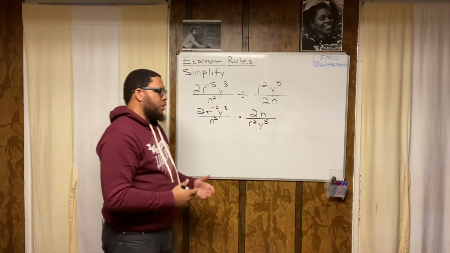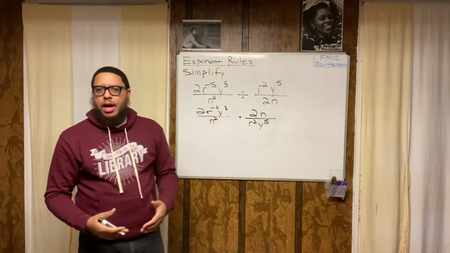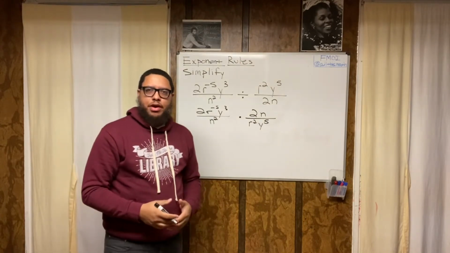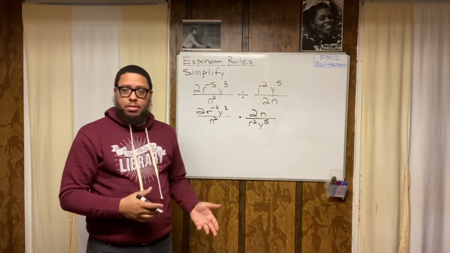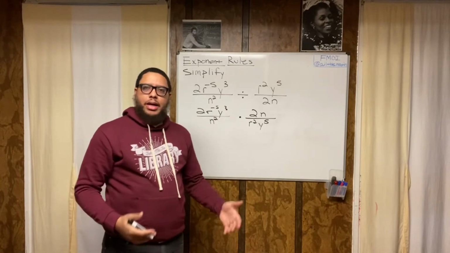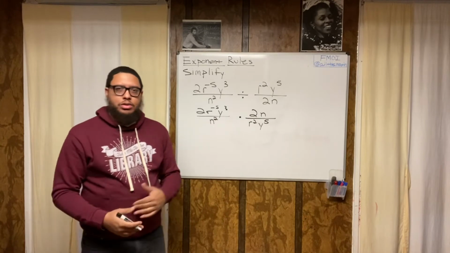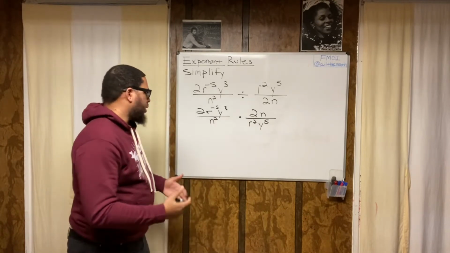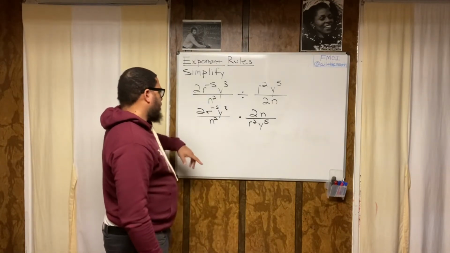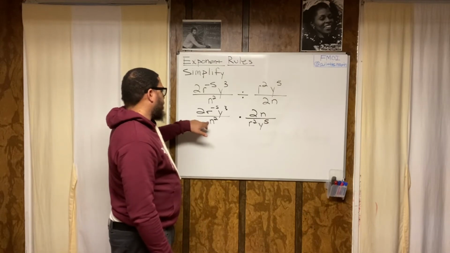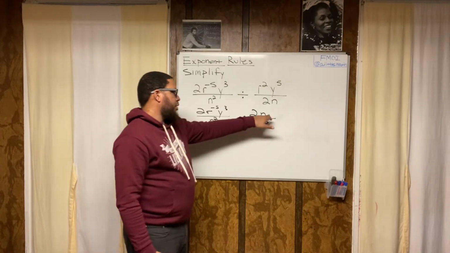Now I look for different things I can simplify. I look for similar variables. I look for variables that are the same, right? And I start thinking about, okay, can I use the multiplication rule? Can I use the division rule? Can I use the negative exponent rule? I just got to look and see what I could do. So for one thing, I see an n squared right here, and I see an n over here.